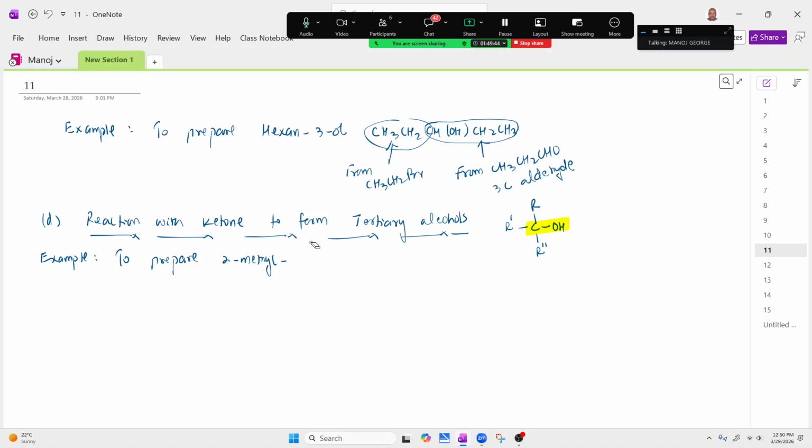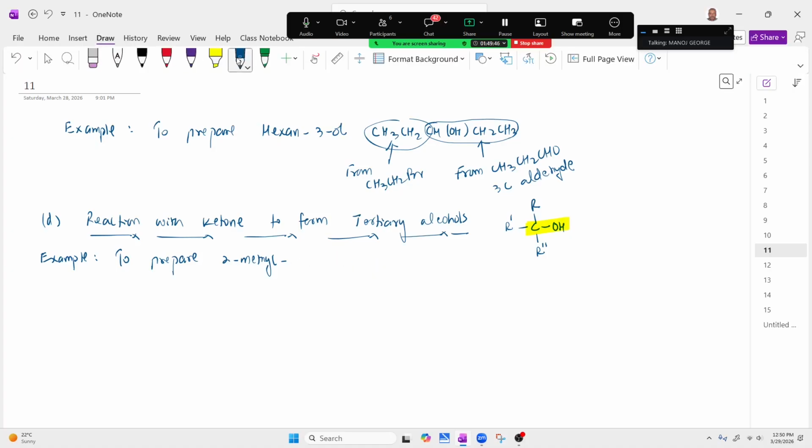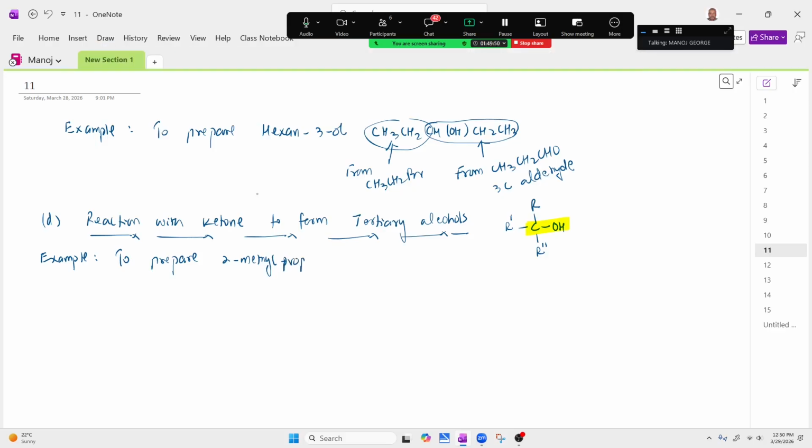It should finish the name with -ol. So 2-methylpropan-2-ol. That's the correct name. Okay.